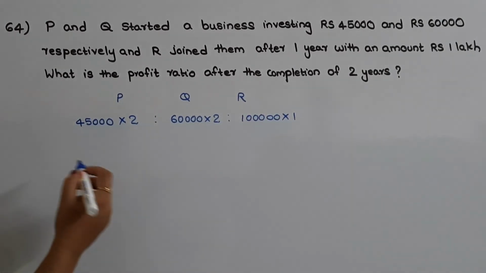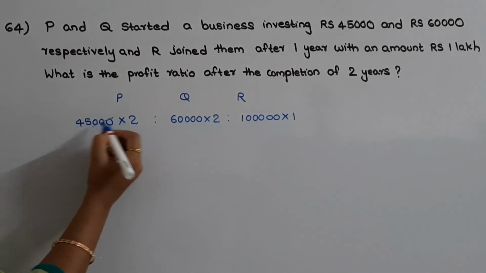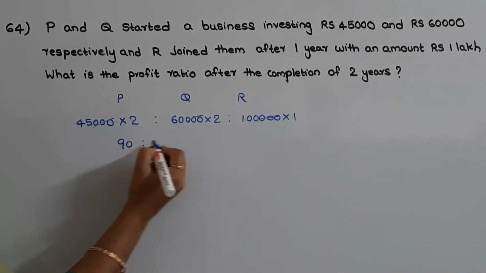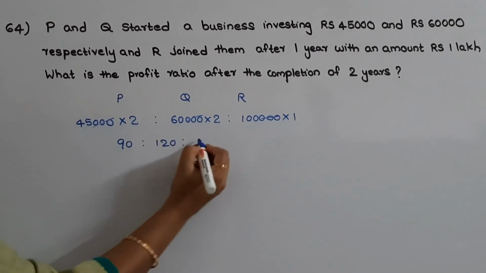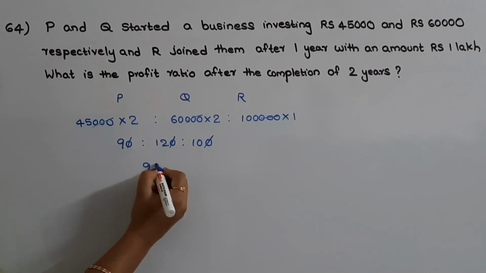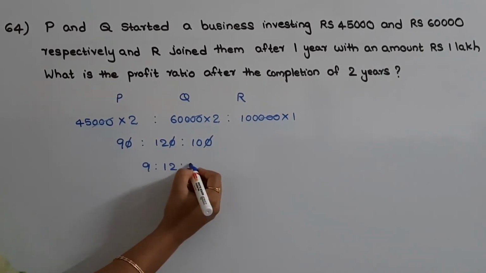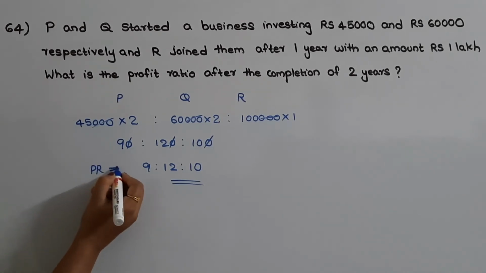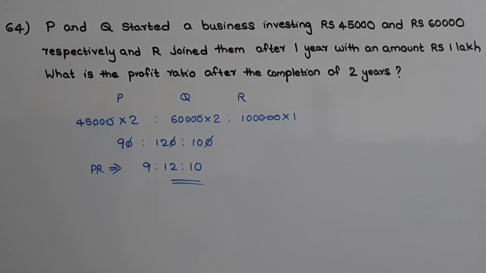So the ratio will be, on simplifying we will get this as 90:120:100, or the ratio will be equal to 9:12:10. So this will be equal to the profit ratio. So this is the answer.